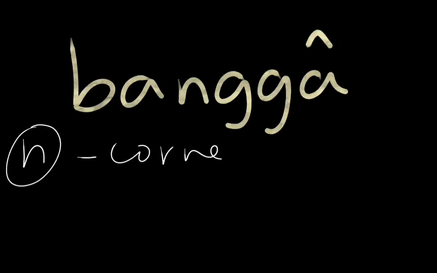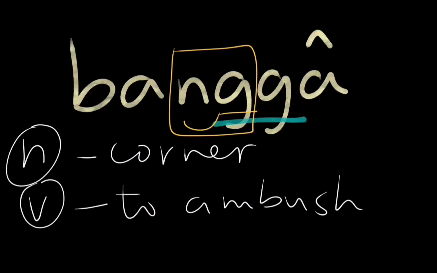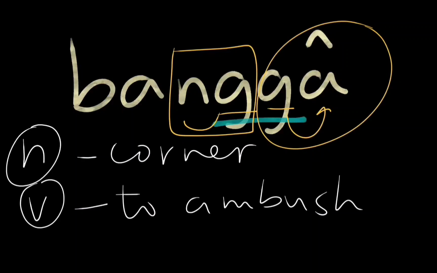Let's take the word bangga, for example. Notice the hard vowel at the end. Bangga as a noun means corner, but as a verb, it means to ambush, as in to lie in wait and ambush. The two G's here belong to two different worlds. The first G is attached to the letter N because they both comprise the consonant nga, whereas the second G belongs to a different sound system, ga in this case.